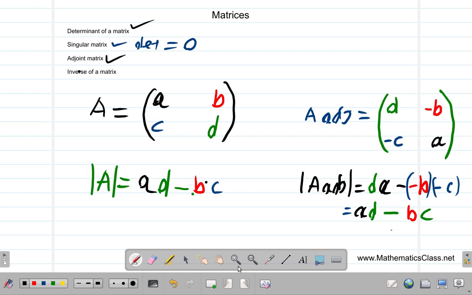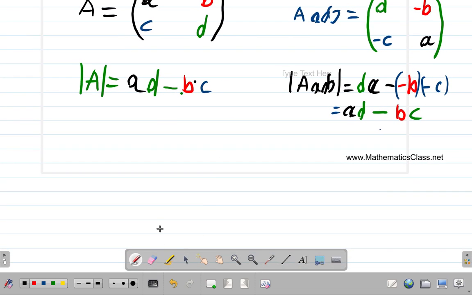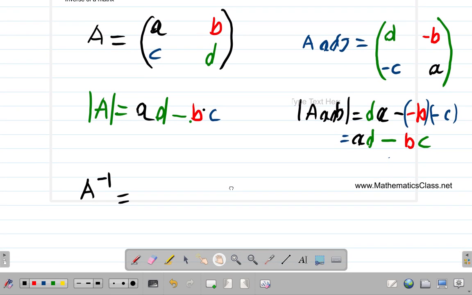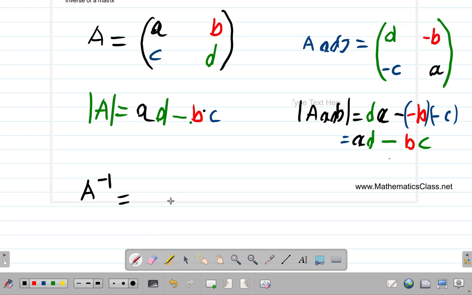But now let's look at the formula for the inverse of a matrix. Now, we want A inverse. Instead of writing out inverse, you do this, just like you do with numbers. Now, what is the inverse of the matrix A? The formula for it is 1 divided by the determinant. You see that? It's going to be the determinant of A, which is AD minus BC, multiplied by the adjoint.